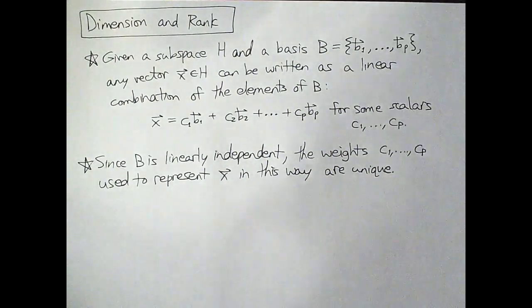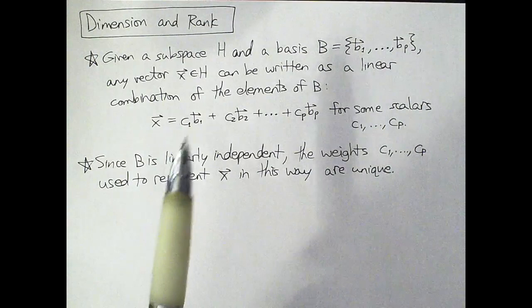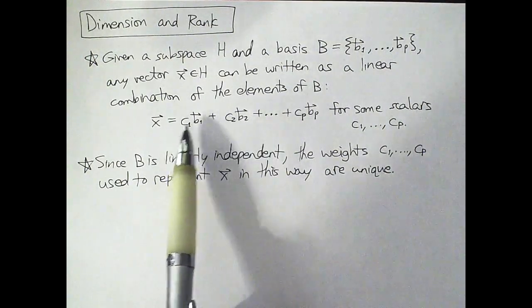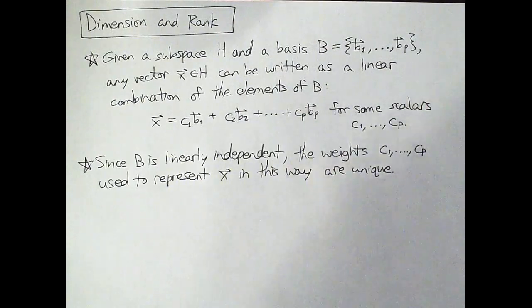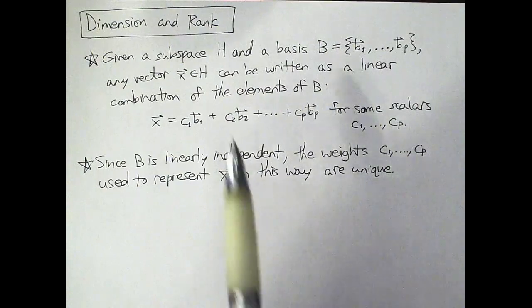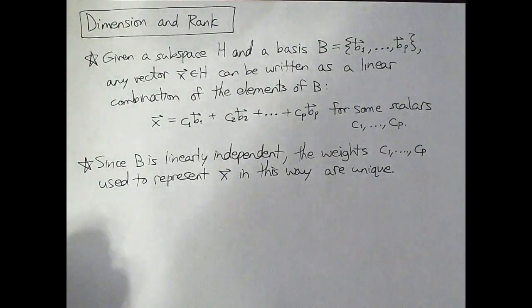Okay, they are unique. That's something that we haven't said before until now, but I think that it makes sense based on what we know about basis and linear combinations, right? If you wrote x as a weight times b1, a weight times b2, and so on, it seems like there should only be one way to do this, and really it's because B is linearly independent. There's no redundant vectors in the basis.